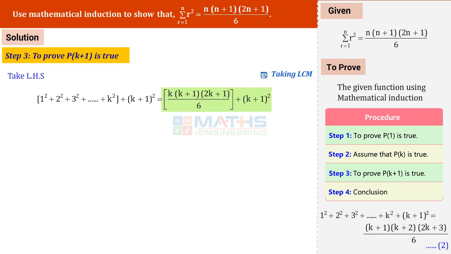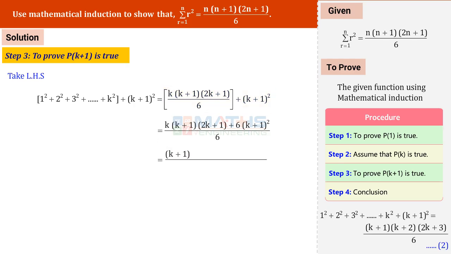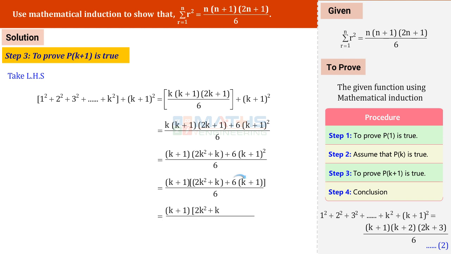Now find the LCM. We take 6 as common. We simplify the numerator. What is common in the numerator? The factor k plus 1 is common. We take that outside. Simplify the remaining term.